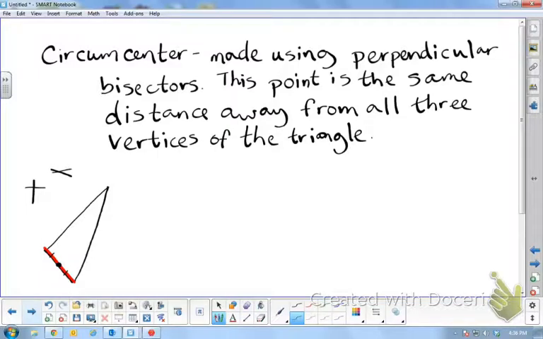So we're trying to make it as teed up as possible. We want it to be a right angle to that side. We don't care where it hits the other side of the triangle. So now we pick a second side. Let's pick this top left side, and we're going to, again, eyeball about where halfway is.